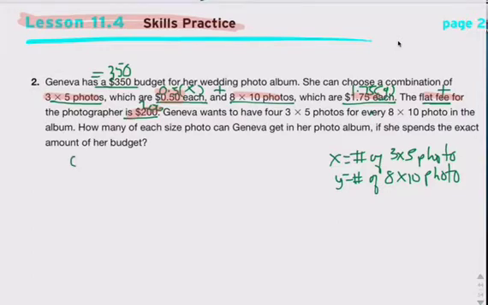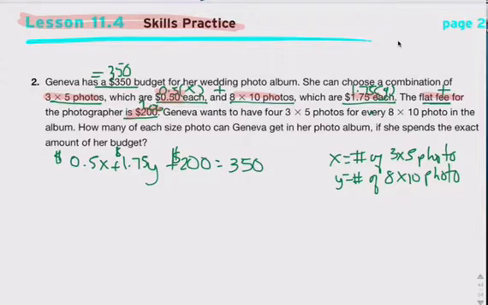So it sounds like 0.5x plus 1.75y, oh, and the $200, because that's all the cost. These are all money. $200 money. Okay, equal to $350.